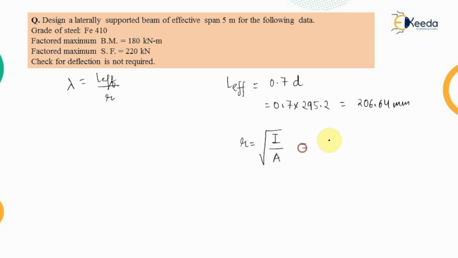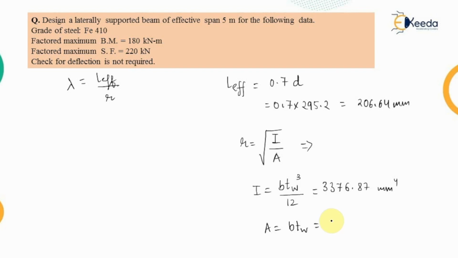Now this second moment of area is calculated separately as equal to B TW to the power 3 divided by 12, and from here if we place the value of B as 100 and value of TW as 7.4, then we get the value of I as 3376.87 millimeter to the power 4, while this area will be equal to B into TW.